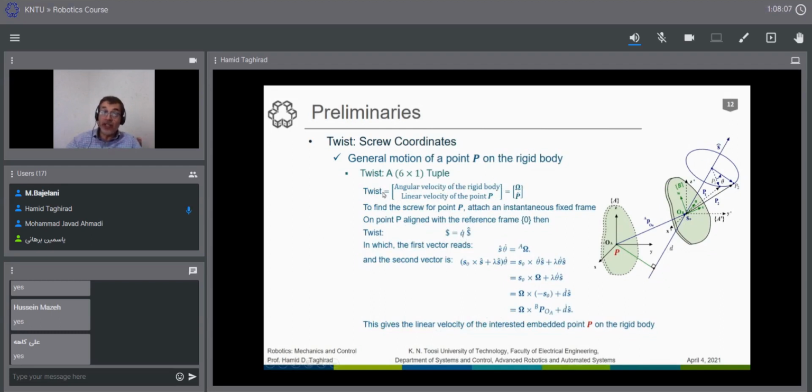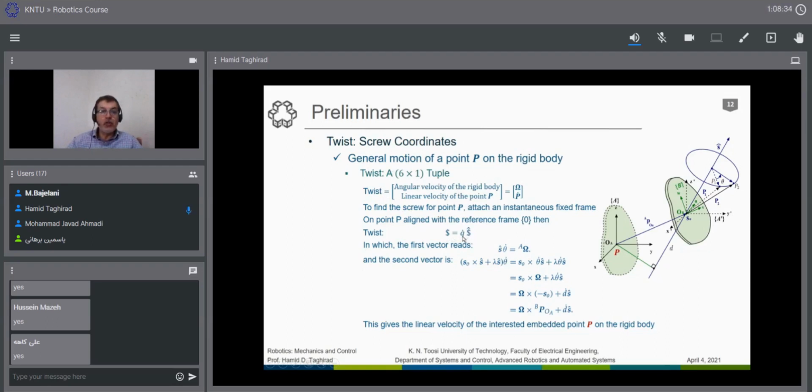You consider that this is defined in differential kinematics as a velocity vector: angular velocity at the top and linear velocity at the bottom. And this is defined by a unit screw coordinate as we defined before times q dot.